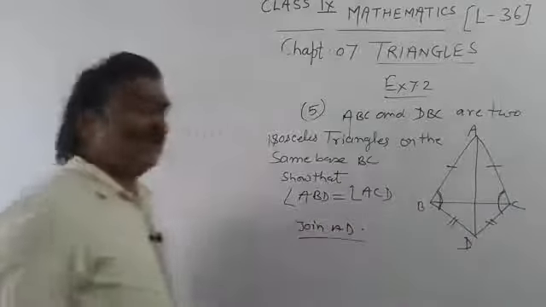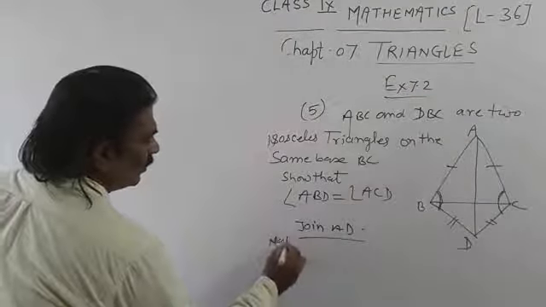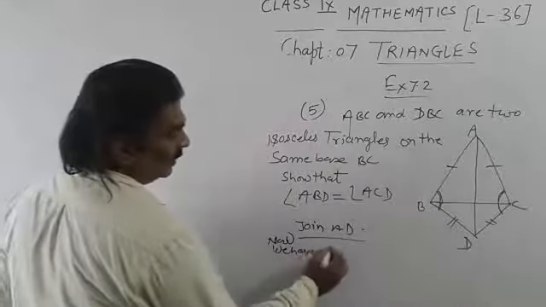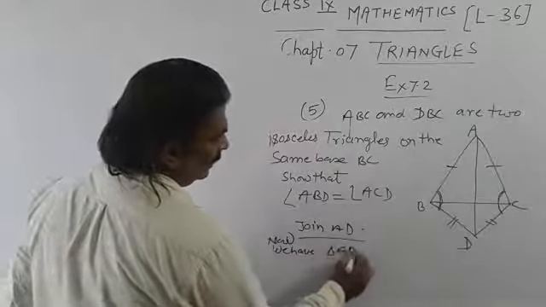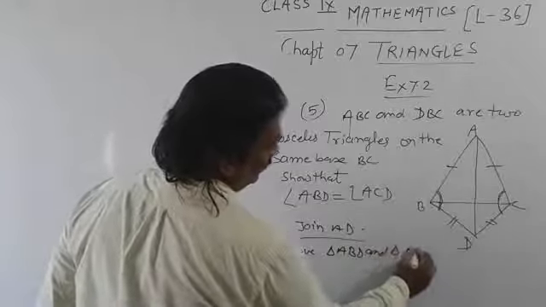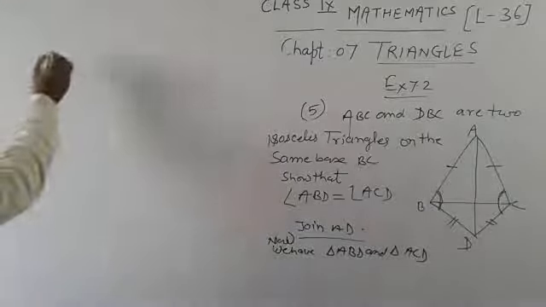Okay, now we have two triangles, students: triangle ABD and triangle ACD. Okay students, now the proof.